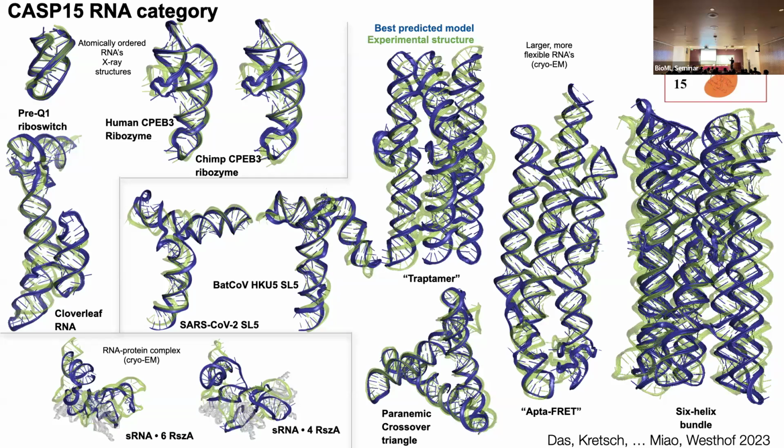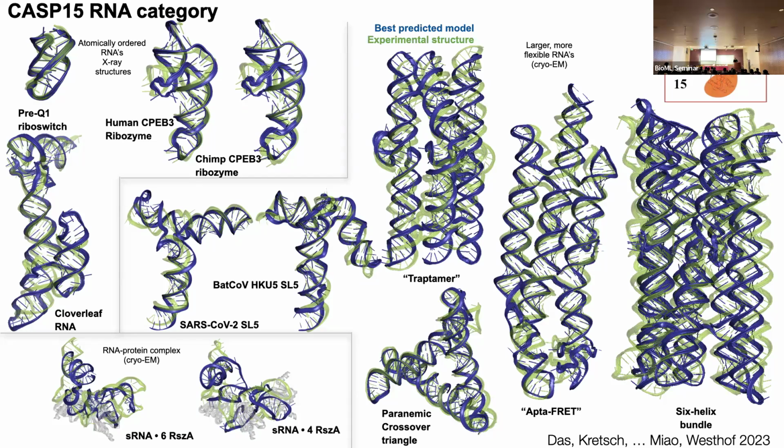And they produced models like these. If you look, in blue are blind models submitted by CASP predictors for 12 diverse RNA targets of well-defined three-dimensional structure. And in green are the experimentally solved structures of those RNAs, which were released after the CASP competition. Okay, so these are legit blind tests. And for the majority of these targets, the models were visually quite accurate.